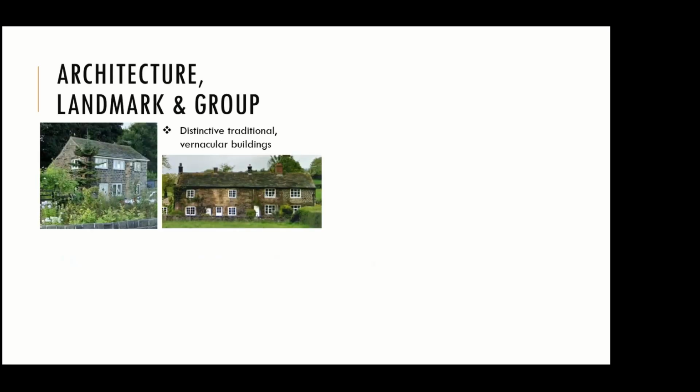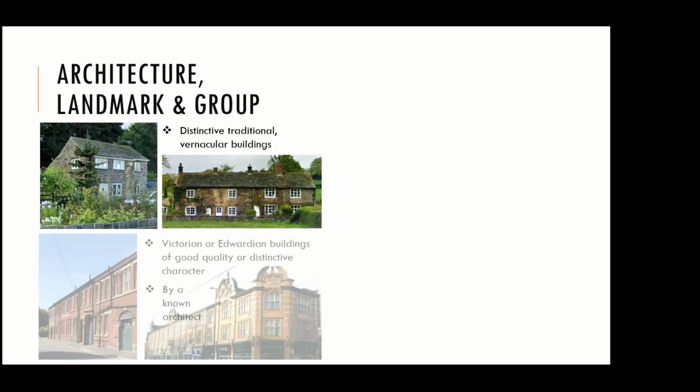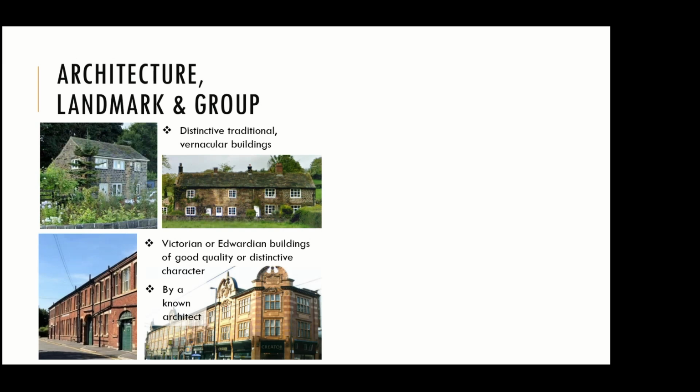So architecture, and obviously we start off with saying, well, what makes an area distinctive is its traditional vernacular. Buildings which demonstrate and preserve that are going to be considered to be of interest, but not just the traditional vernacular. Certainly when we get into the more national industrial vernacular, it can be these Victorian and Edwardian buildings which are distinctive and add to the character of the area.